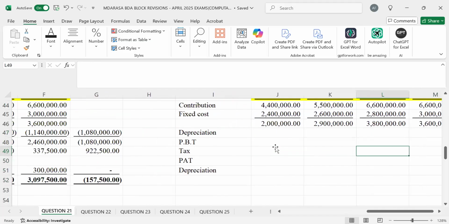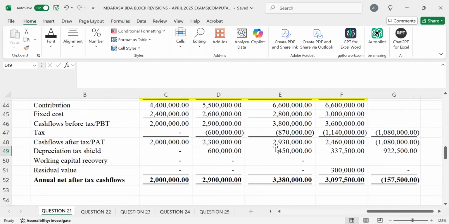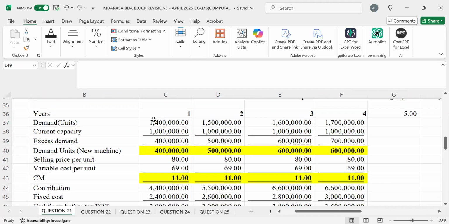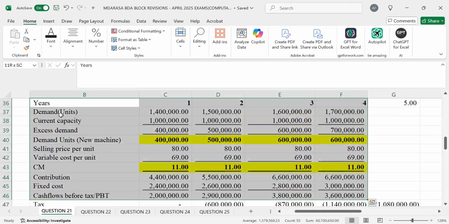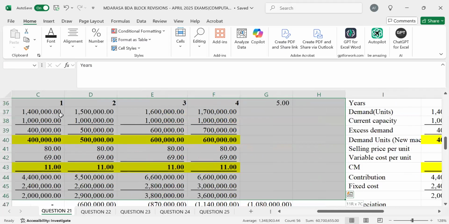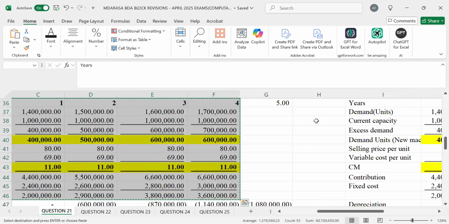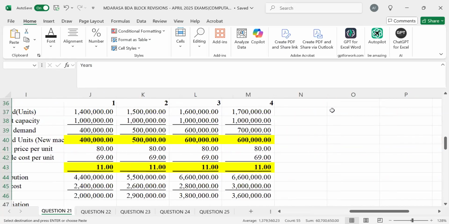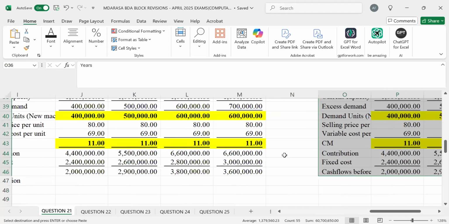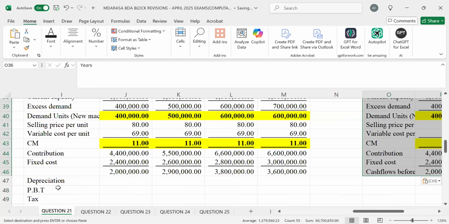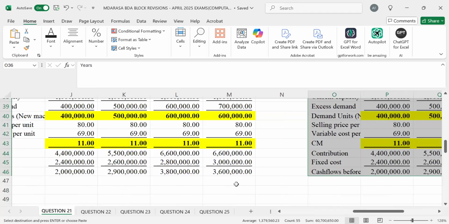Assuming we don't have arrears, that is the assumption, we take the two cases up to the fixed cost here. This is what we'll have.